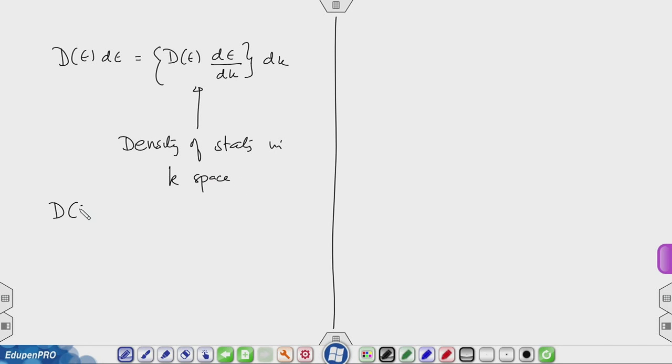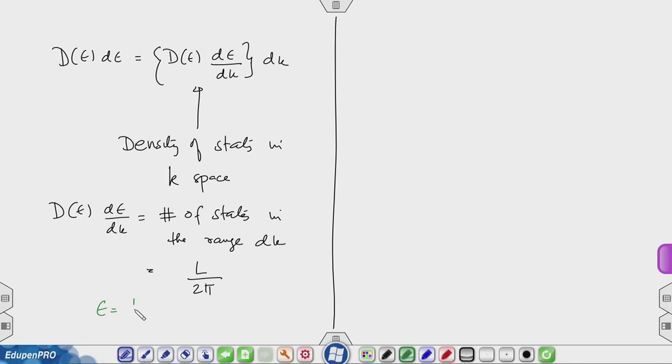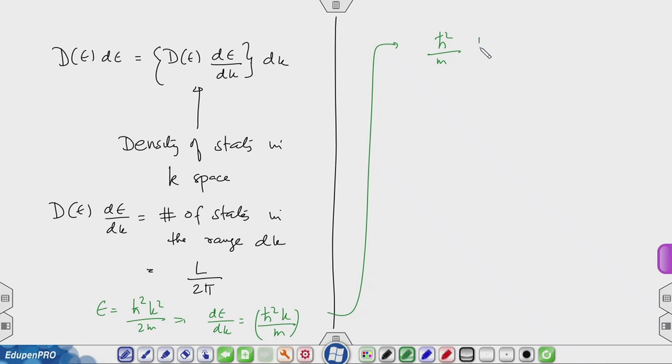So, dE over dk is number of states in the range dk, and this is equal to L over 2 pi. I also know that E is h cross square k square over 2 m. That means dE over dk is equal to h cross square k over m, which is equal to h cross square over m, 1 over h cross, square root of 2 m E.